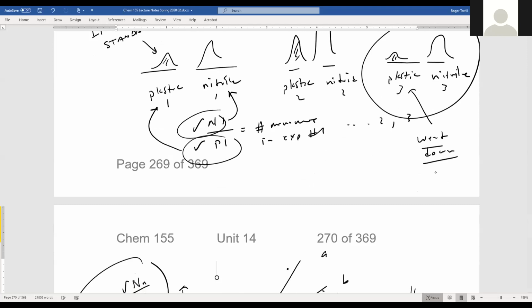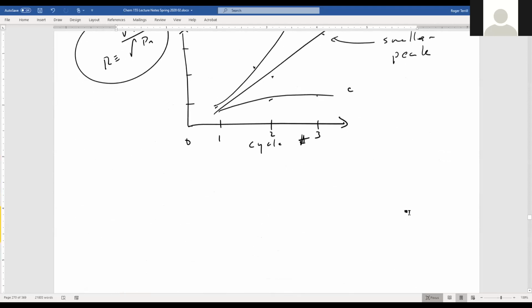Does that make sense? Somebody say yes. Thank you, Matthew. I can always rely on Matthew to get me to move on. Sorry, I did not say that, did I?